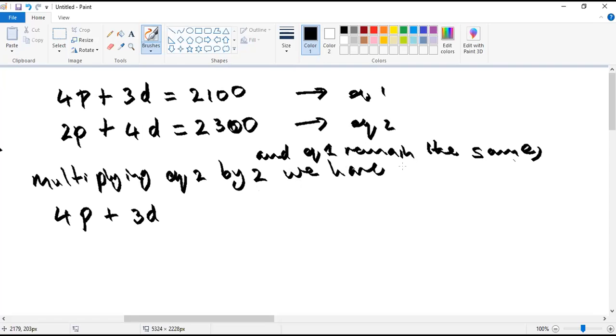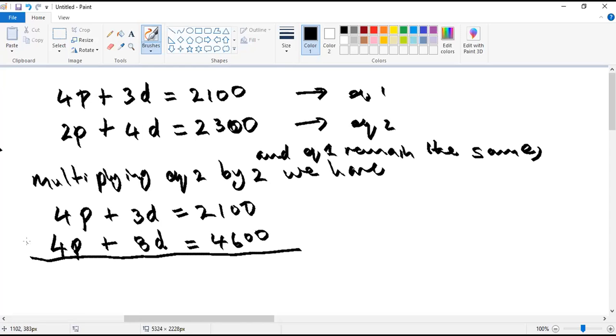So multiply equation 2 by 2, and equation 1 remains the same. And then we rewrite this: 2P becomes 4P now, and this becomes 8D, and this becomes 4,600.